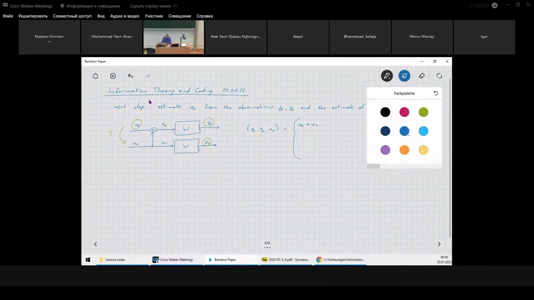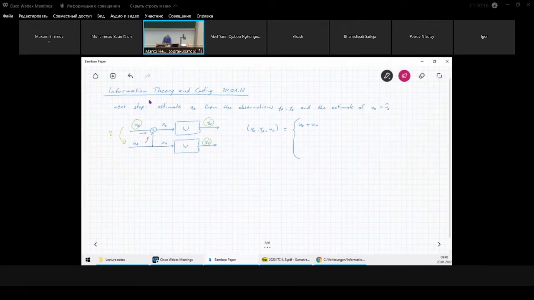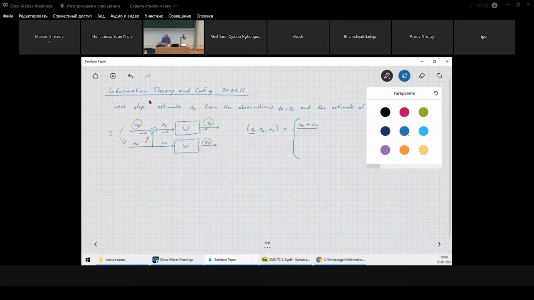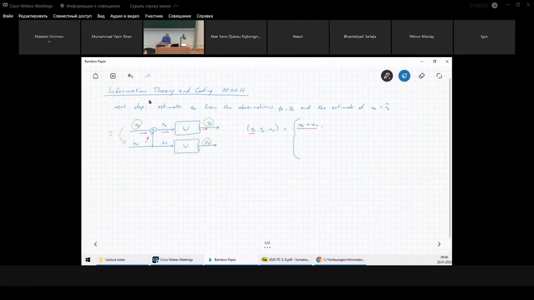Let me also use some color again to illustrate this for you. So this goes up here, this goes here. What will be y1? Y1 will be just u1, so this just goes here.